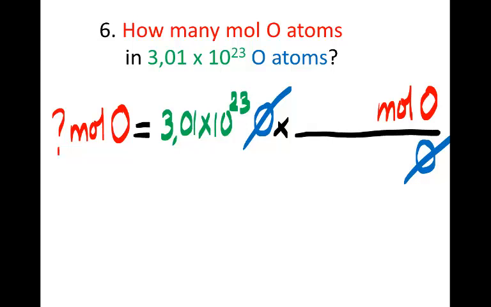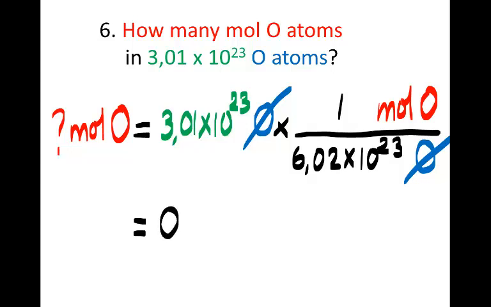So we ask ourselves, how many O's is the same as how many moles of O? And we know that 1 mole of O atoms is 6,02 times 10 to the power 23 O atoms. 3,01 times 10 to the power 23 divided by 6,02 times 10 to the power 23 gives us 0,5, half a mole of O atoms.